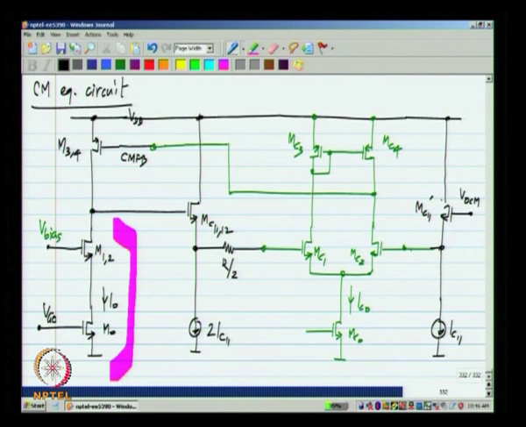So, now if you look at this circuit, we have a differential pair, that is a single ended single stage op amp. The output of that goes to M34, and this output is from the drain.